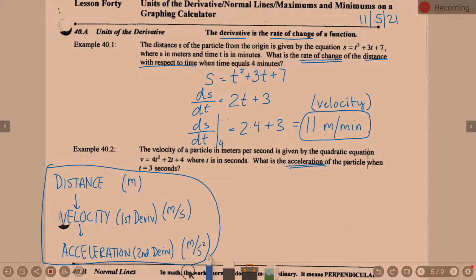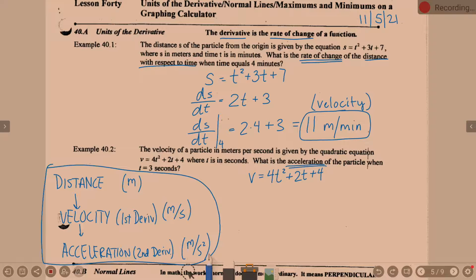So, we were given that v is 4t squared plus 2t plus 4. How am I going to find acceleration then? Derivative of velocity. Okay, so when Ross asks, is it really as easy as the second derivative? That's the second derivative of distance, right?